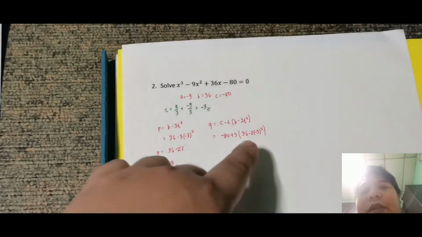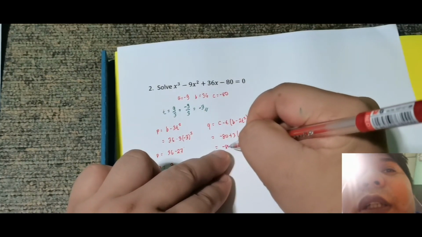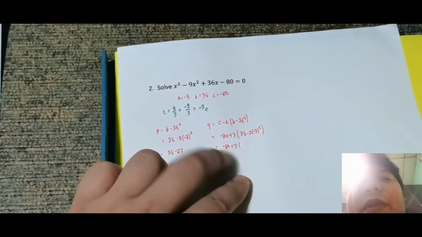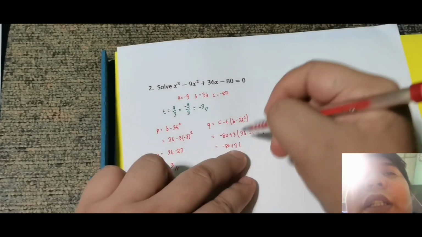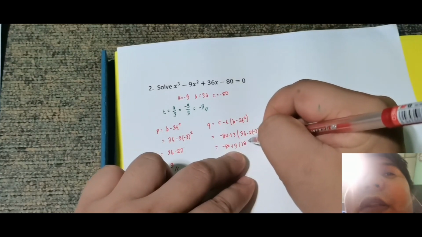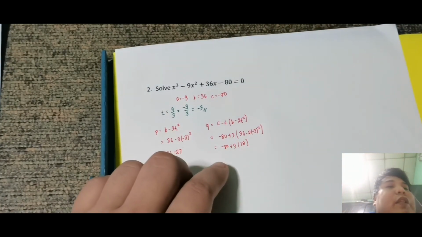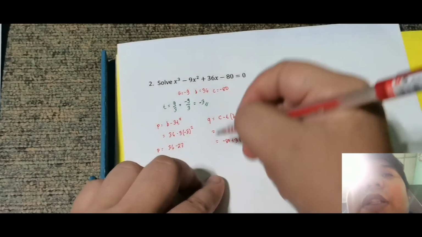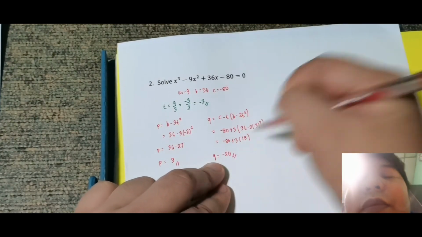Next, siyempre simplify natin ito. This is negative 80 plus 3 times 3 squared is 9 times 2, that is 18. So 36 minus 18 is 18. Tama. Then negative 80 plus 3 times 18, that's 54. So that's negative 26. So Q is equal to negative 26.